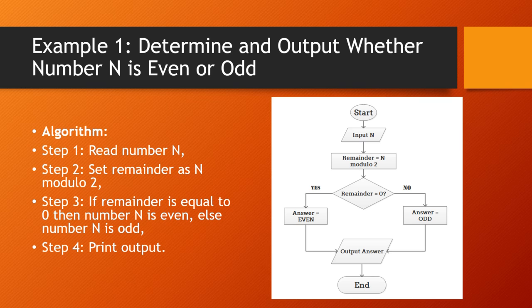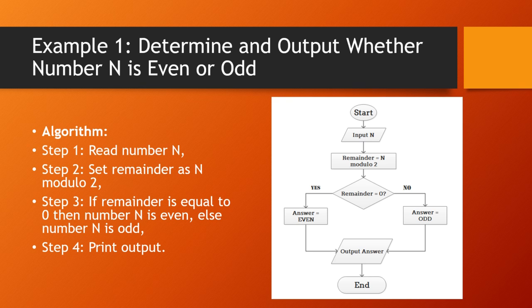If it's a no, then the number is odd. Then the answer is printed as output, and then end. So this is the flowchart version of the algorithm that is on the left side.